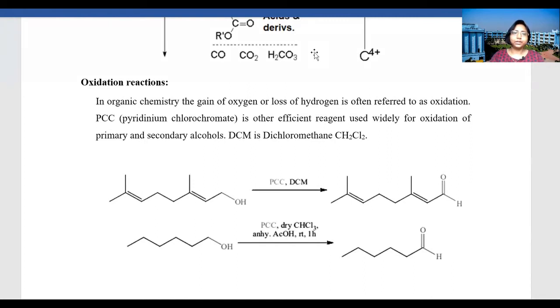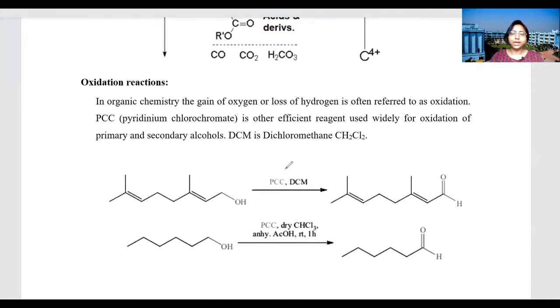So here you can see that when we use PCC and DCM, the alcohol OH becomes oxidized to CHO, aldehyde. Look here, the carbon double bond and all this part remain similar. Only the alcohol part becomes the aldehyde.